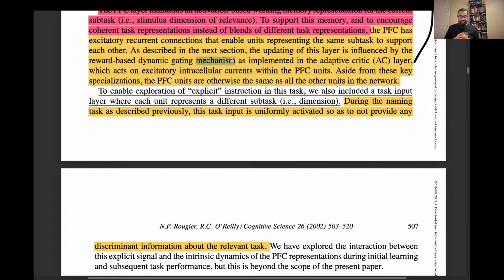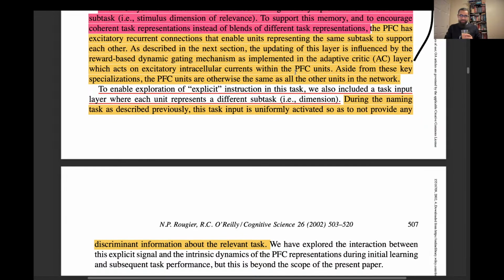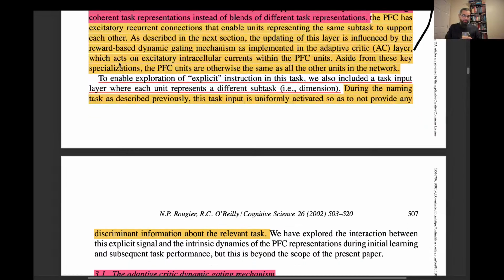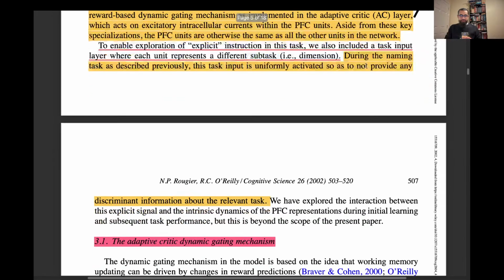So what's the gating mechanism? Quite frankly, I'm not entirely sure. As implemented in the adaptive critic AC layer, I'm just being real, which acts on excitatory intracellular currents within the PFC units. Aside from these key specializations, the prefrontal cortex units are otherwise the same as all the other units in the network.